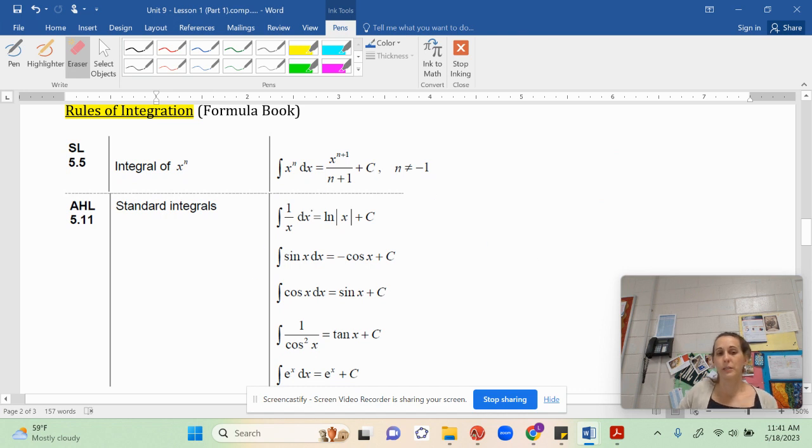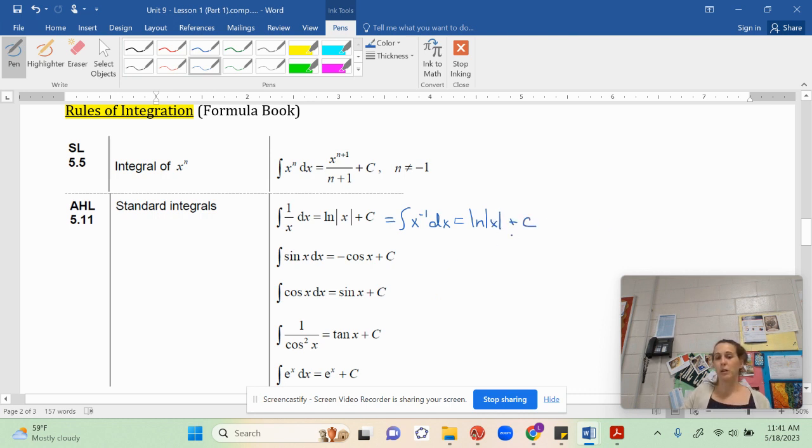The second rule is a special case. Another way to think of this is the integral of x to the -1 dx. 1 over x is the same as x to the -1. And it says that that integral is the natural log of the absolute value of x plus c.